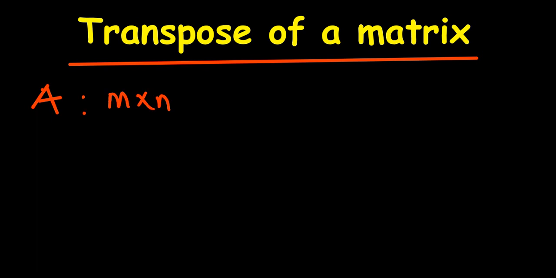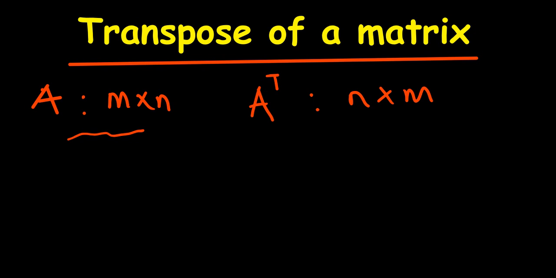So the transpose of this matrix A will be denoted by A with a T on top as a superscript, or a power. So this here would denote the transpose of this matrix A. So this transpose will have the order n multiplied by m.